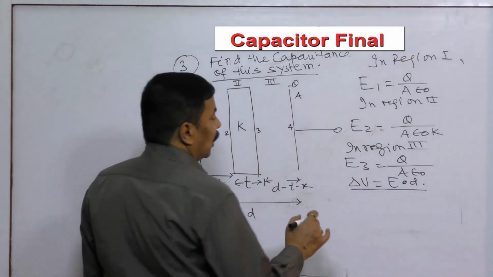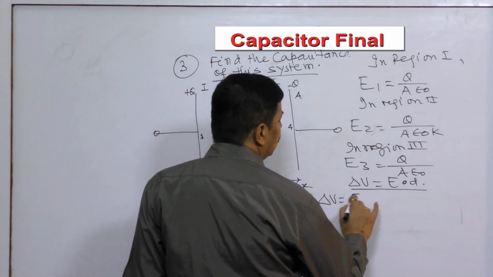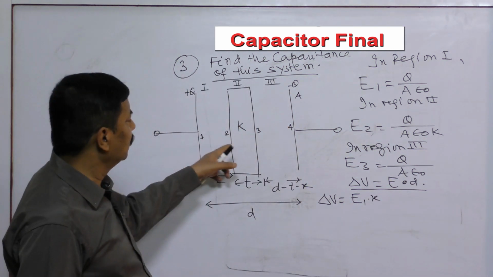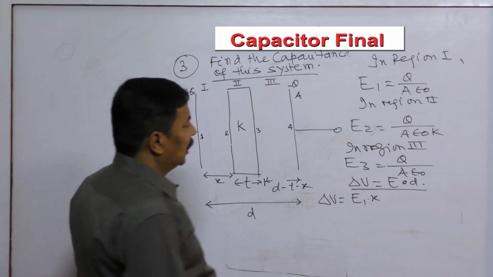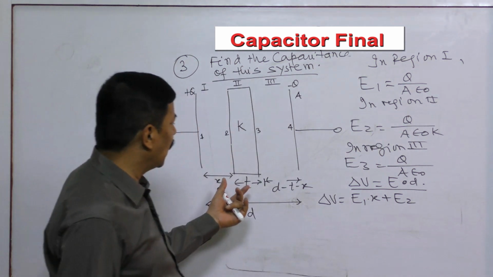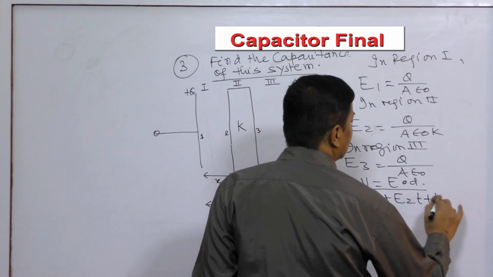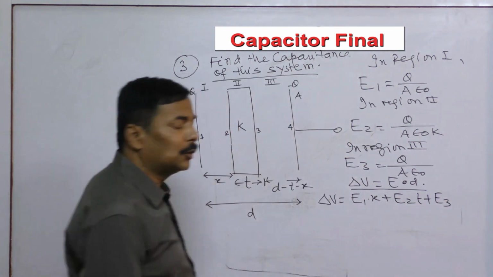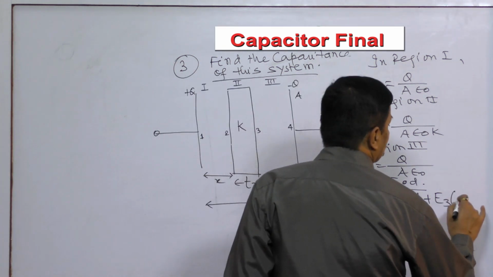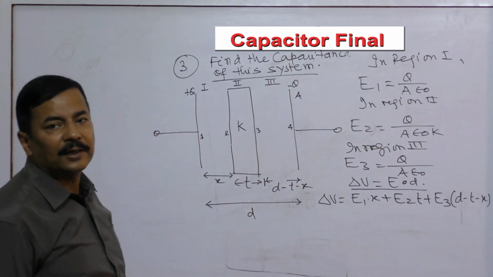So delta V is E1 into x, plus E2 into T, plus E3 into D minus T minus x. This is delta V.